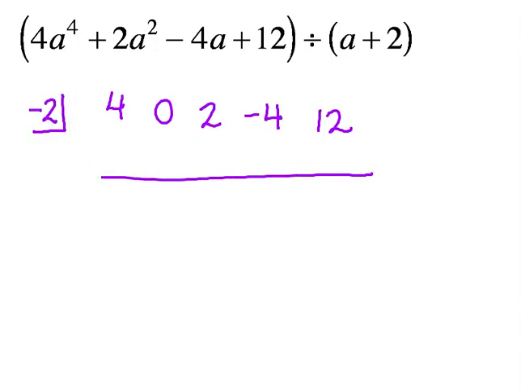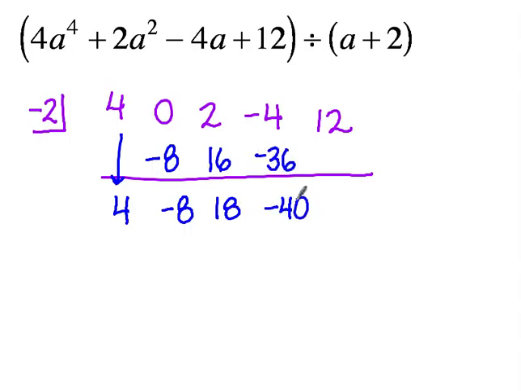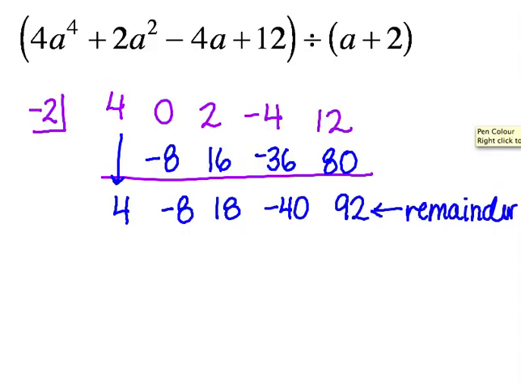Okay, so let's go ahead. Bring down the 4, and I get 4. And then what comes next? Negative 8, and then negative 8, and then 16, 18, negative 36, and 92. What is 92? The remainder. Now I need to figure out what the coefficients of the terms are.